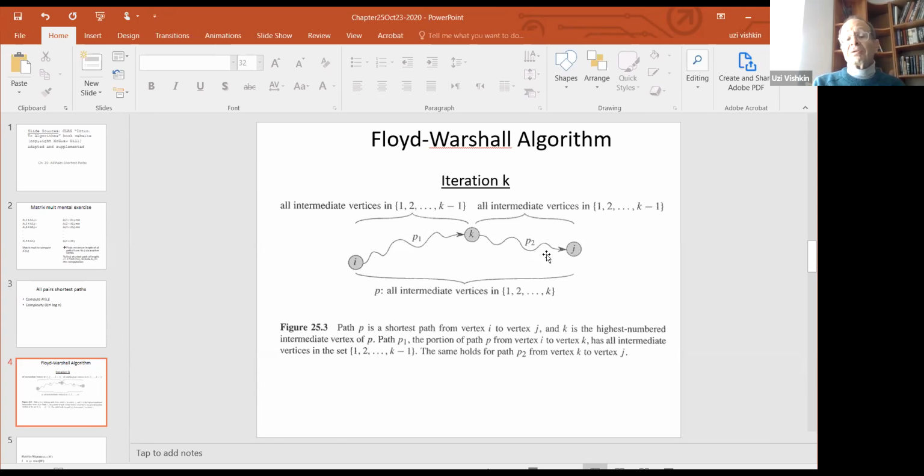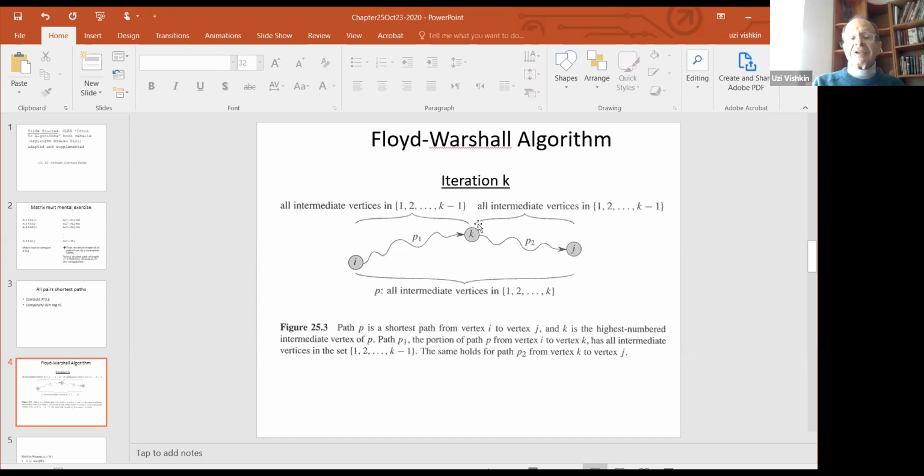And from k to j, again, possibly using some vertices between 1 and k minus 1, which I already computed. Because remember, I computed following iteration k minus 1 all the shortest paths that make a stop among these vertices, 1 up to k minus 1.